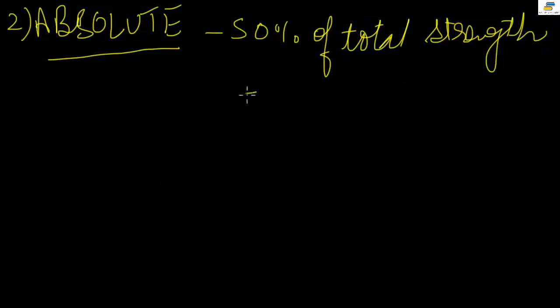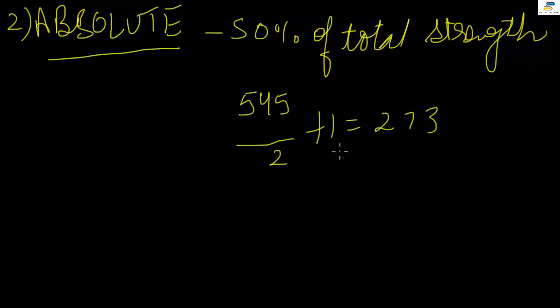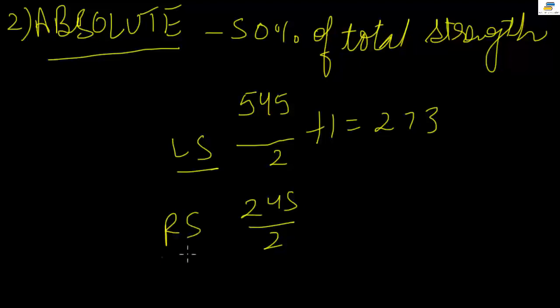To put it simply, if the total strength of the house is 545 members, then the majority will be 545 by 2 plus 1, which is 273 or more members, right? And similarly Rajya Sabha has 245 members, so the majority will be 245 by 2 plus 1, which is 123.